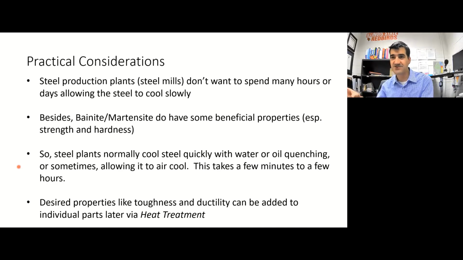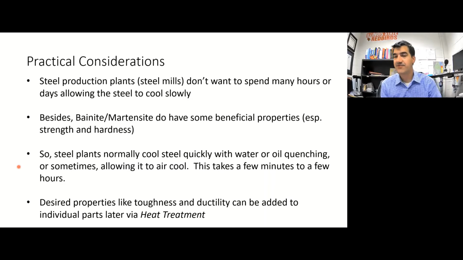Think about how much extra space they would need in their production facility to be slowly cooling this stuff down. So they don't want to cool down their steel really slowly. Generally it tends to be cooled just in air. Oftentimes it's called an air quench, and it's usually the way that steel production facilities cool down their steel after it's produced.